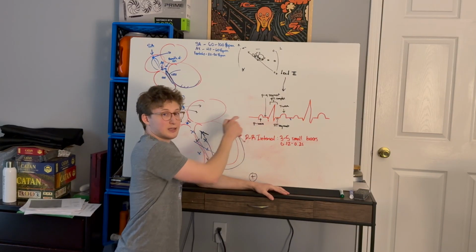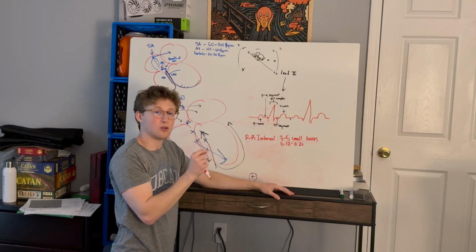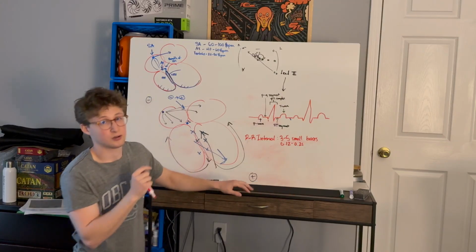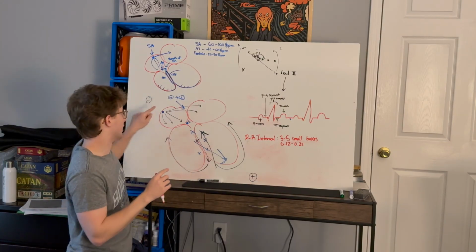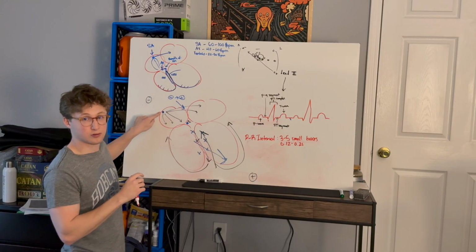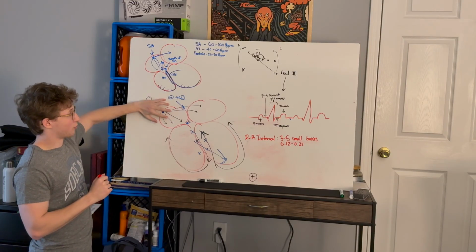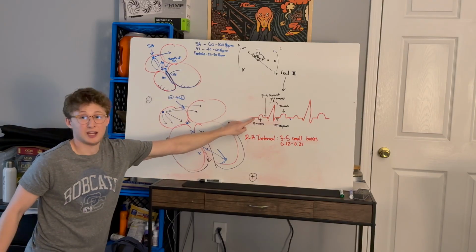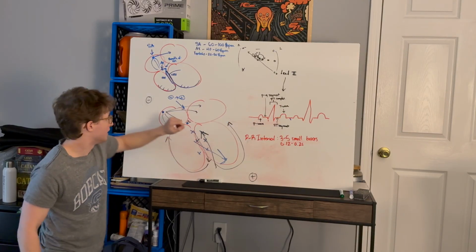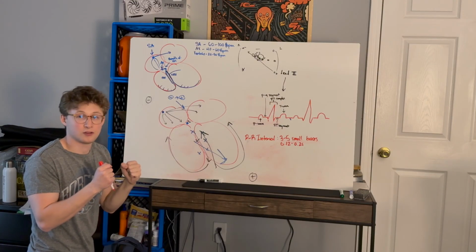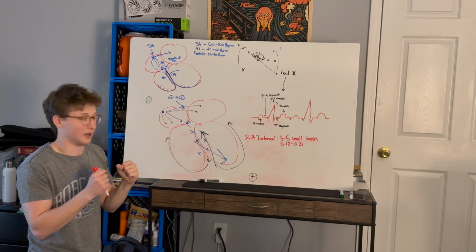PR interval tells you how long does it take for the impulse generated in normal sinus rhythm, generated from the sinoatrial node. Remember, that impulse starts here. It goes through the atria, causing atrial depolarization. It then gets to the AV node, and the AV node holds on to that super tight and doesn't let it go yet.